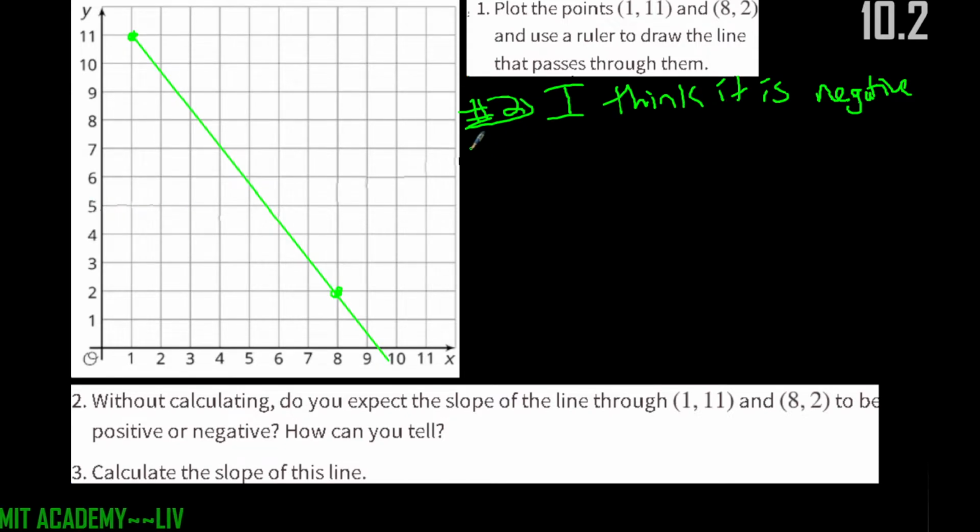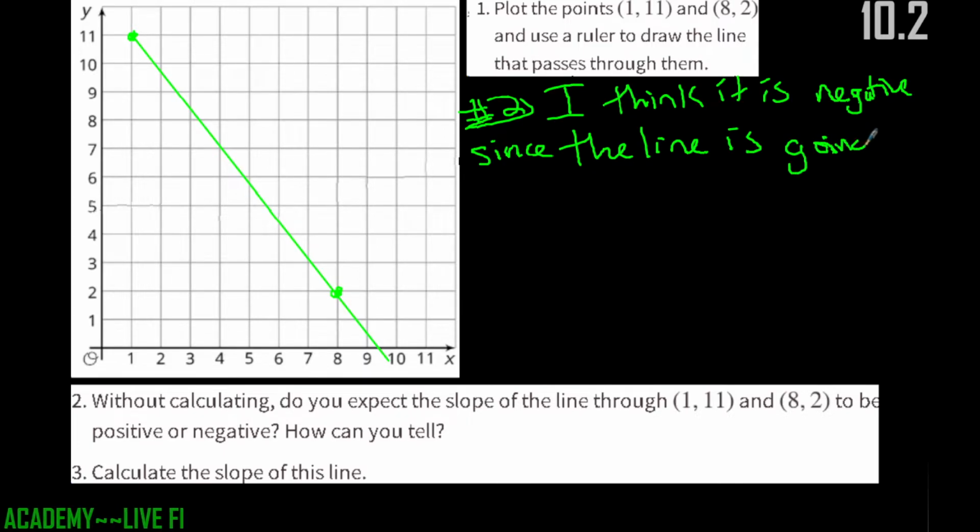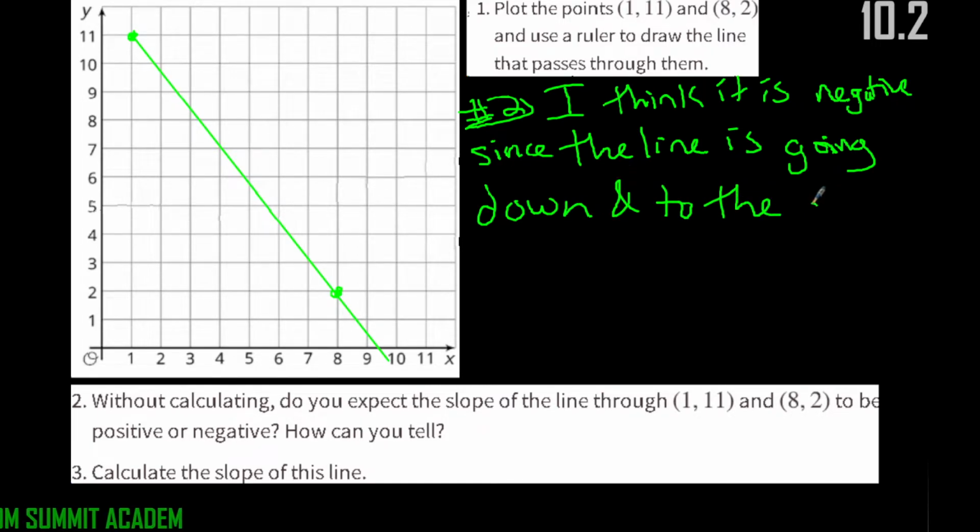You can say since the line is going down and to the right. So as you're looking at your values, just make sure you're saying, hey, what's happening to my graph? As I move to the right, is it going down or up? Well, for this case, it's going down, so I'm going to say it is negative.